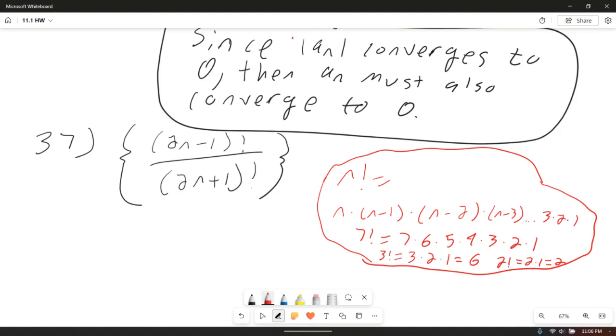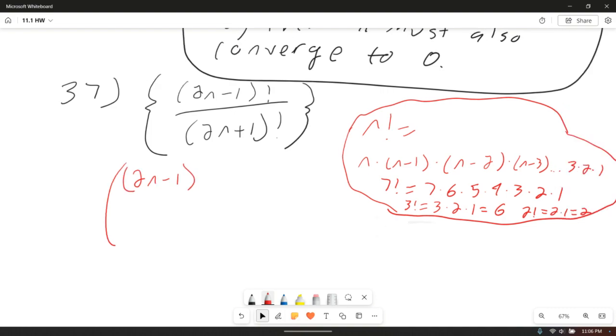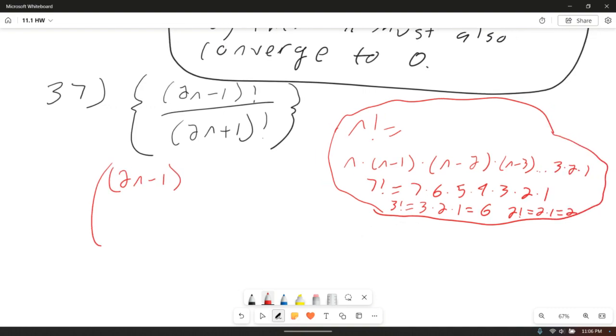So in the case of 2n minus 1 factorial over 2n plus 1 factorial, we apply the definition of factorial. By the way, factorial is only defined at positive integers, so there's no 7.5 factorial, that just does not work.